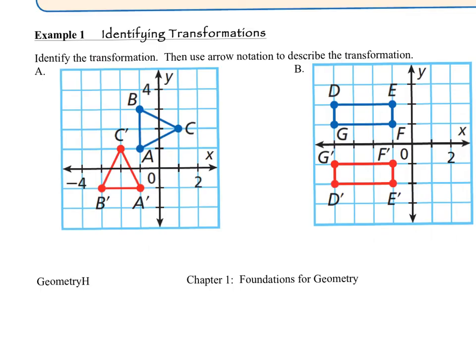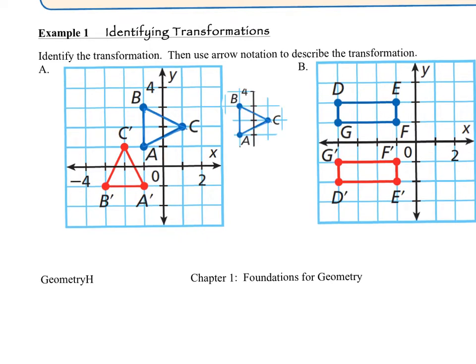So when I look at example 1A, I know that my pre-image is in blue because these are the original letters, A, B, C. My new image after it was transformed is A prime, B prime, and C prime. Okay, to see how this transformed, it did not flip over an axis, and it didn't slide because I can tell that it actually spun.